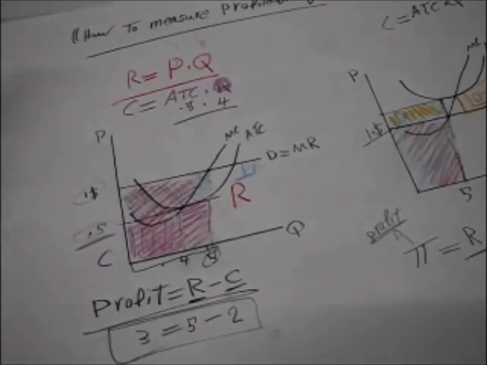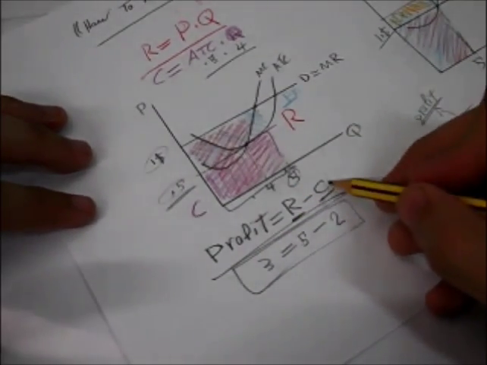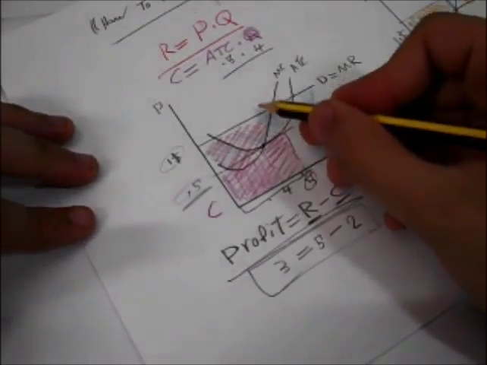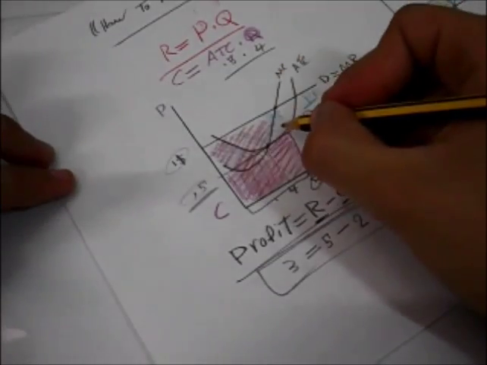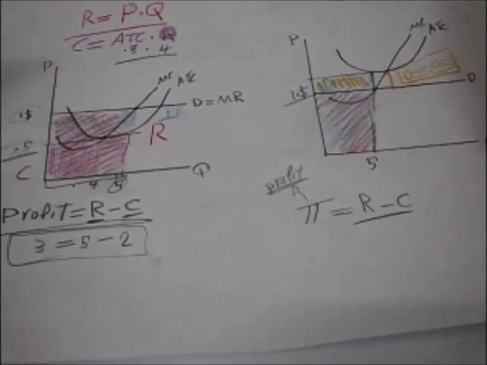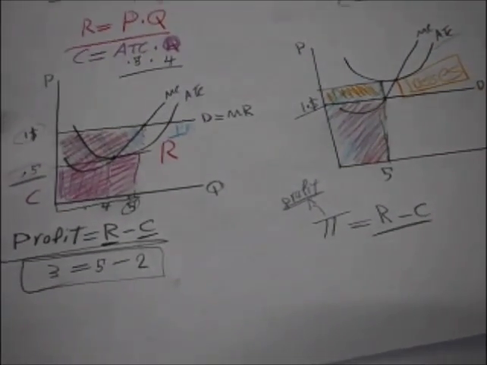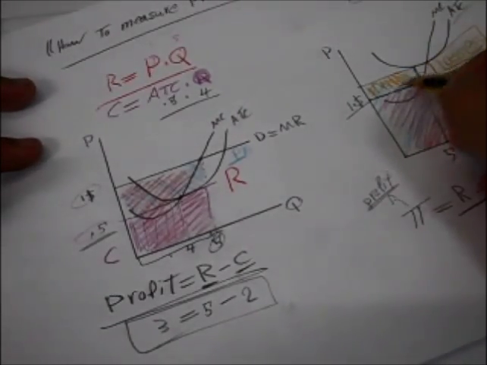And then we went through how to measure the profitability of any firm: we get the revenues and the cost and subtract them from each other, and then we have the profit. When the marginal revenues is higher than the average total cost, the firm is making profit by this amount, and when the average total cost is higher than the marginal revenues, the firm is making losses by this part.